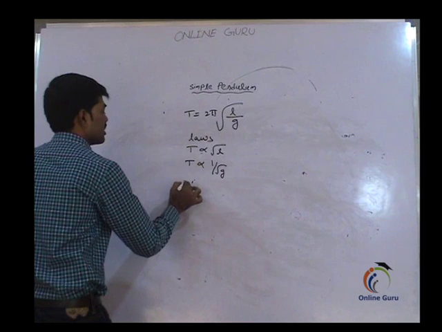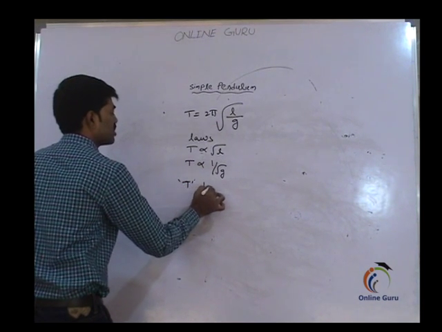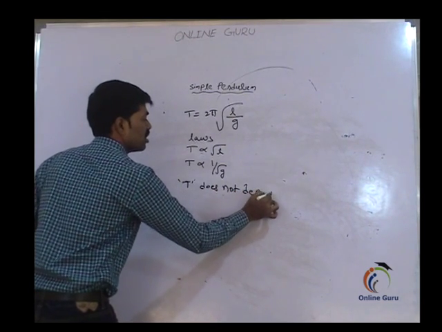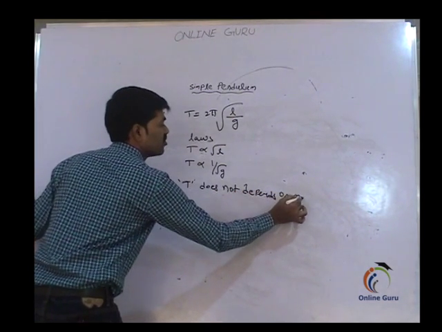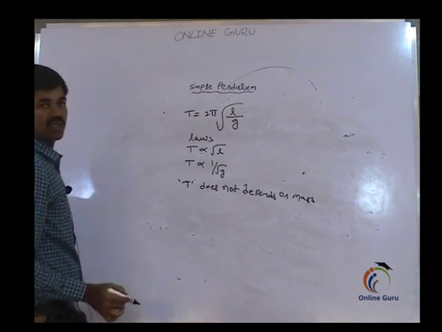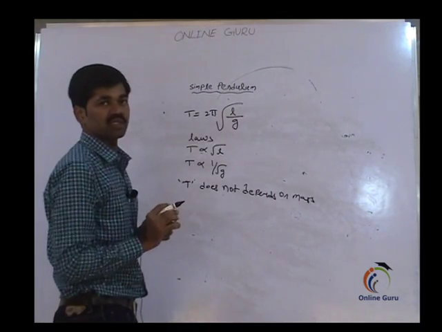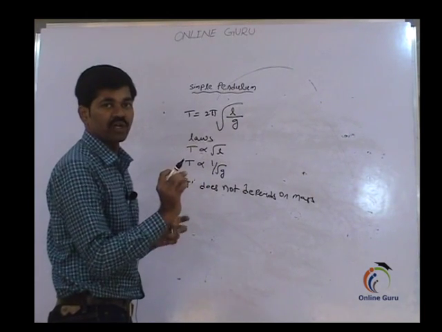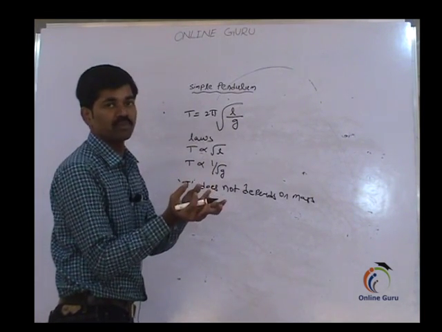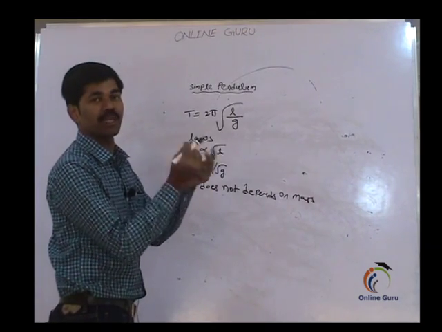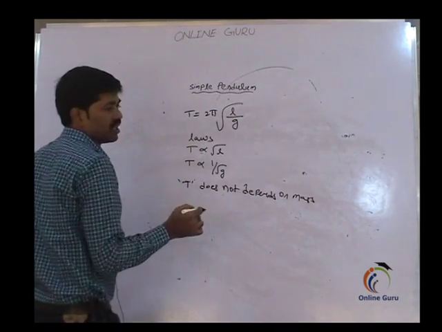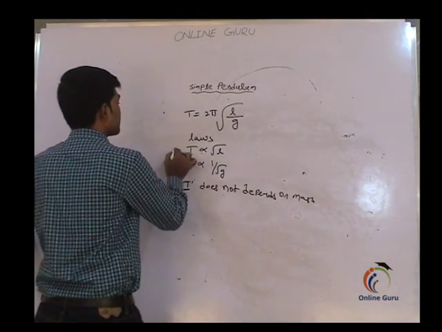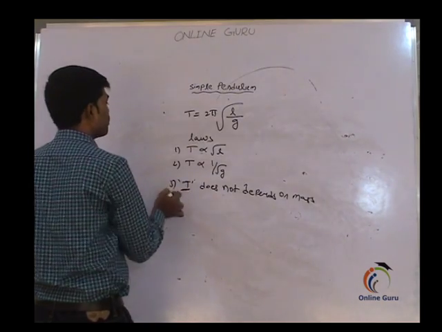And the time period does not depend on the mass of the bob. That is, if you replace a wooden bob with a metal bob, the time period does not change. Therefore, these are the laws of the simple pendulum.